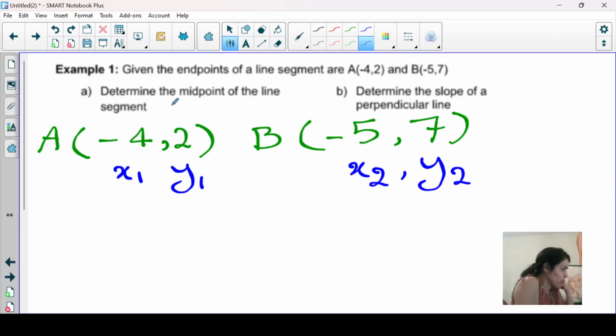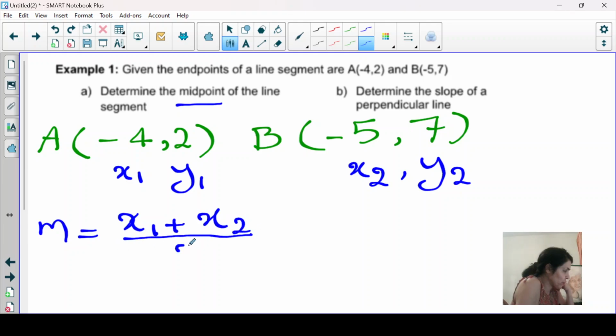Second, to find the midpoint, we learned in lesson 1 that M equals (x1 plus x2 divided by 2, y1 plus y2 divided by 2).